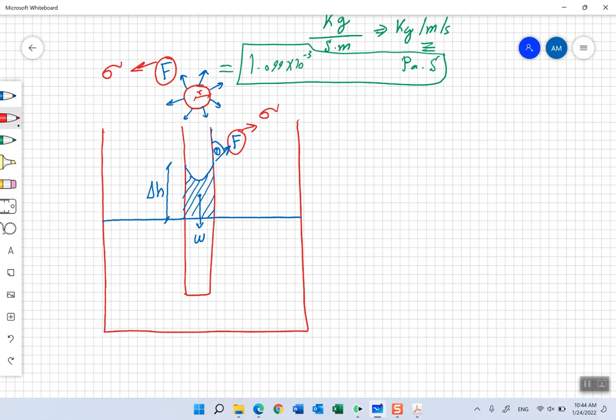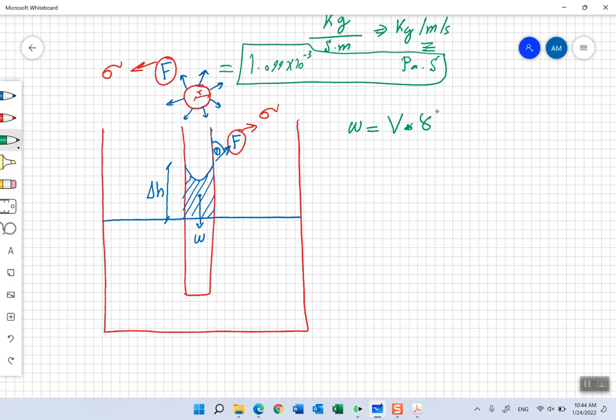So how can I get the weight of this column of water? The weight should equal the volume of the cylinder of this column of water multiplied by gamma, the unit weight of the water.